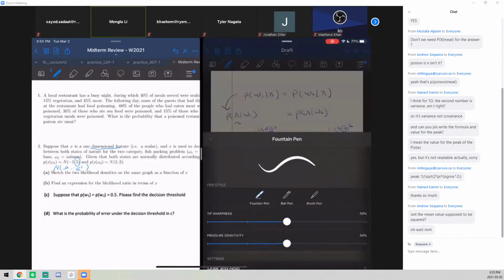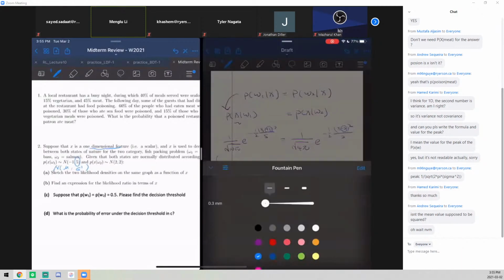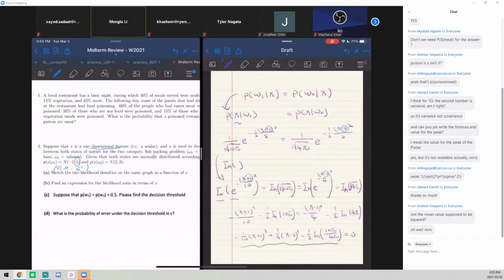Okay, from this part, it's just simply calculate for x. I leave the calculation part to you, and the final answer will be something like this.